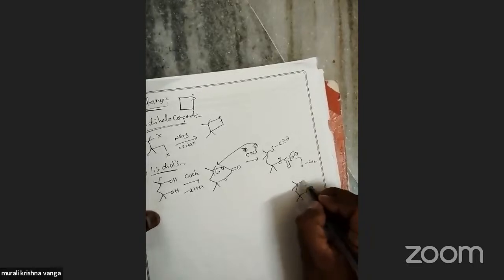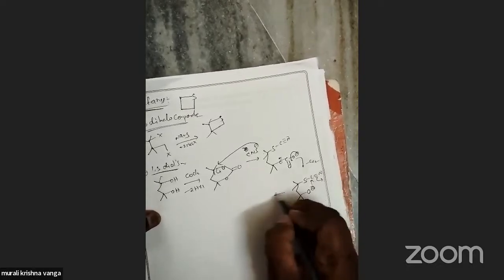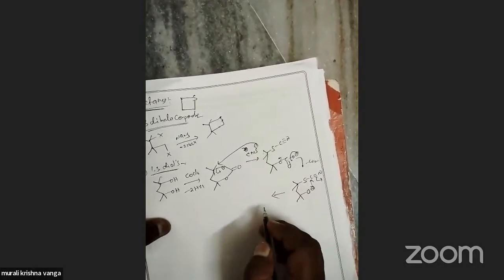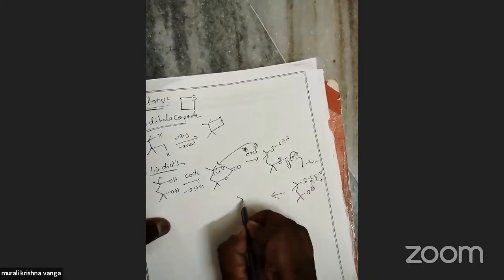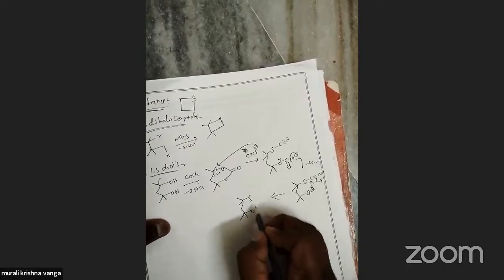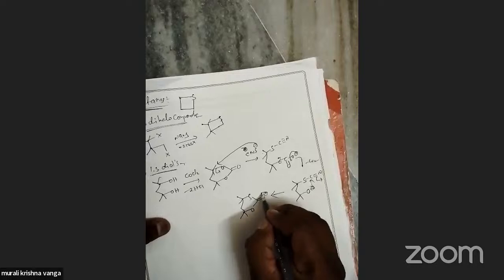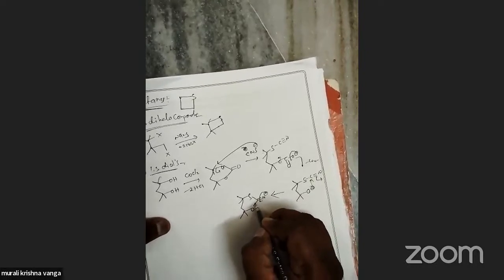O minus, S, C triple bond N. The pi bond shifts towards the carbon of the cyano group, and the pi bond shifts to the nitrogen side. Then the product is sulfur, oxygen, N. Now it undergoes cleavage again.